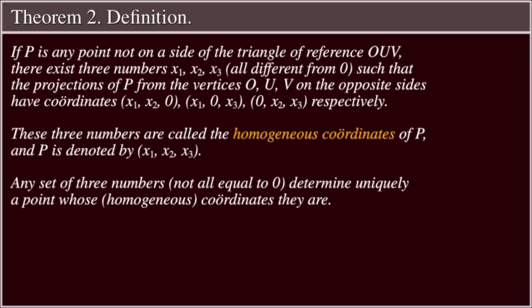These three numbers are called the homogeneous coordinates of P, and P is denoted by (x1, x2, x3). Any set of three numbers, not all equal to 0, determine uniquely a point whose homogeneous coordinates they are.